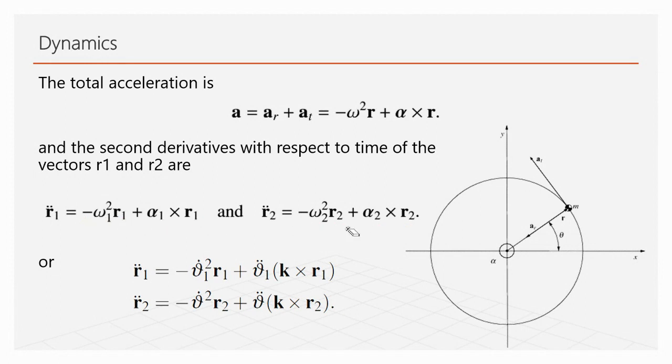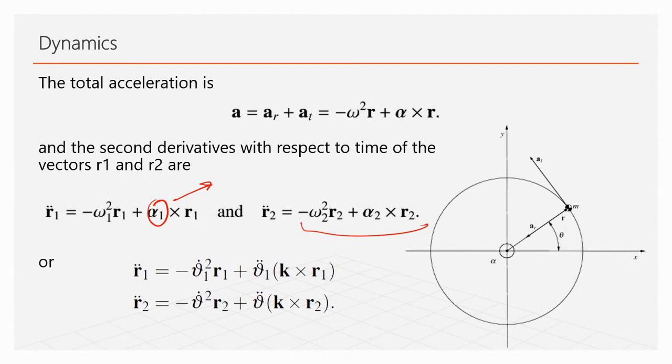So for each link individually, we have this, right? And this alpha is rotational acceleration, which is the second derivative of theta. So what we find is, if you want to translate rotational movement into linear, if you want to explain rotational movement, you have to consider both.